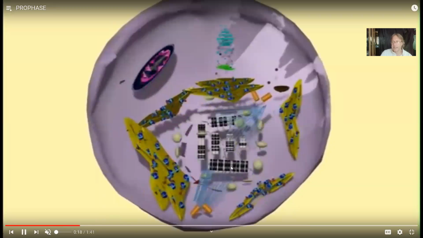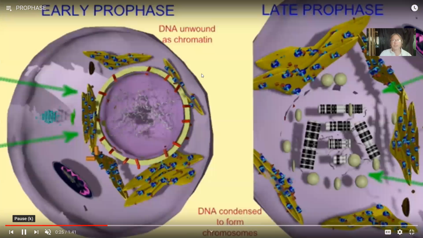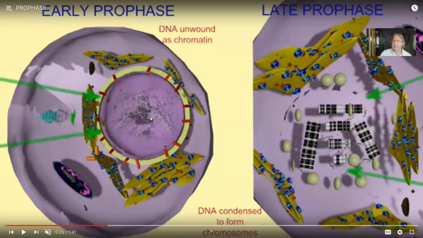So as prophase continues, we have chromosomes pointing every which way. But then, starting from these centrioles, we have microtubules forming what's called a spindle that's going to attach to chromosomes, and they're going to move along this and start to order themselves. So in early prophase, the DNA is in this unwound chromatin stage, whereas by late prophase, the chromosomes have formed as tightly wound DNA.